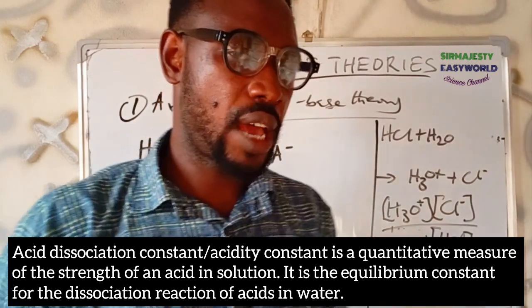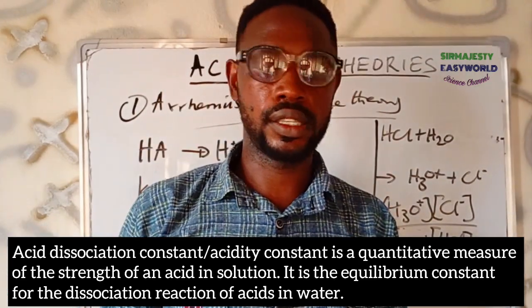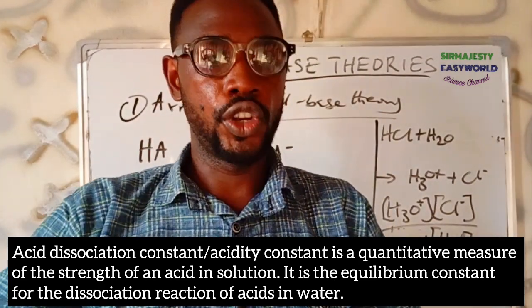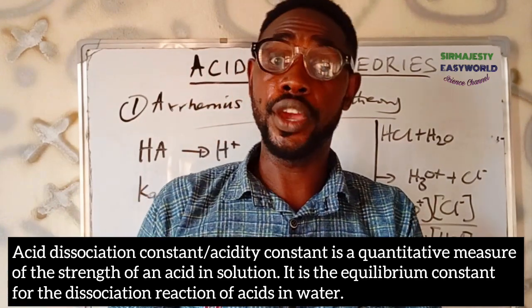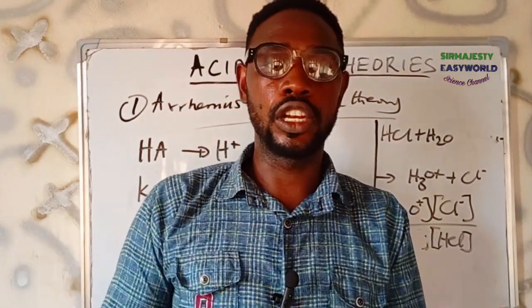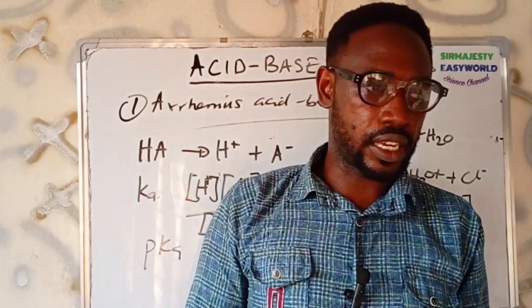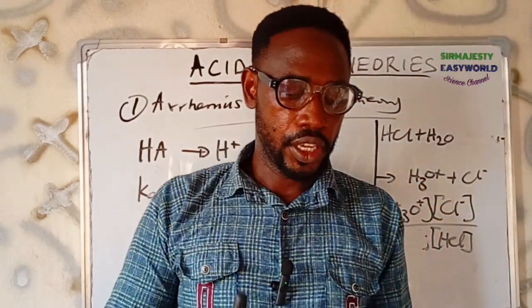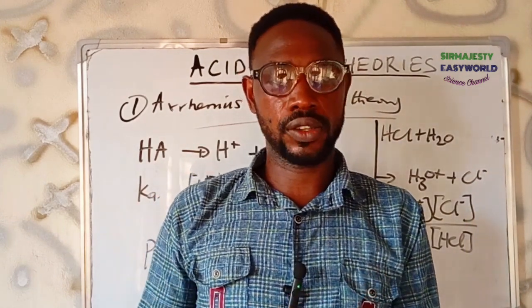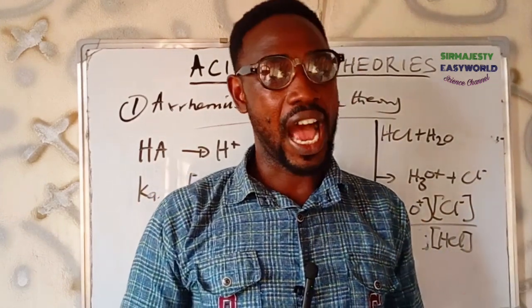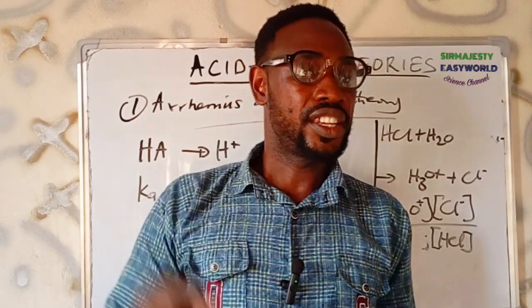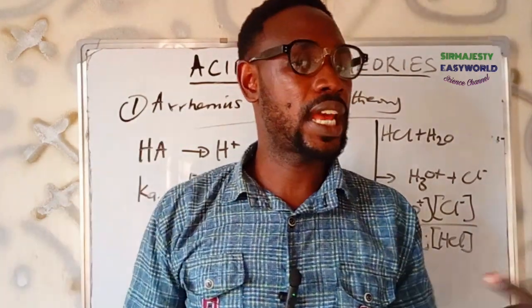So in an exam, if they give you the pKa of acids, if it is a high value, know that such an acid is likely going to be a weak acid, meaning it has a low dissociation constant. A good example of what I'm saying here is, if the dissociation constant of a given acid A is 4 and another acid B is 2, the inverse of 4 is lower than the inverse of 2.